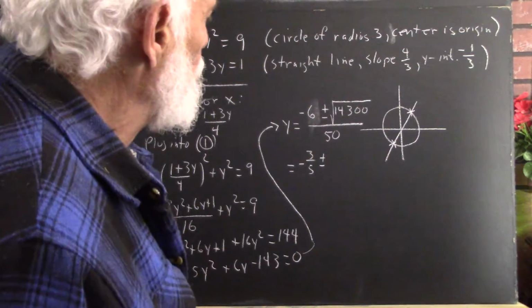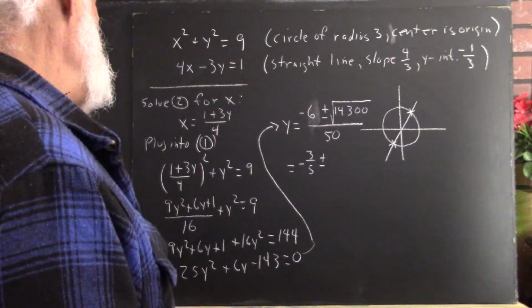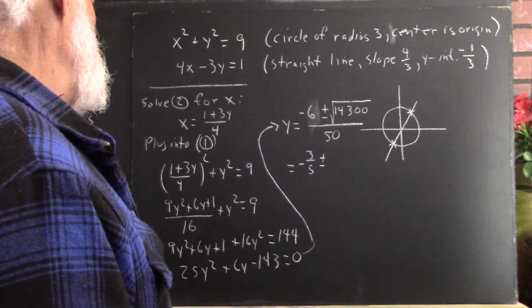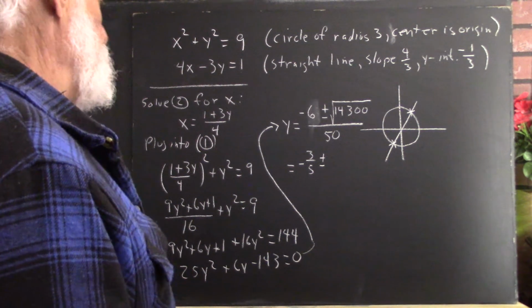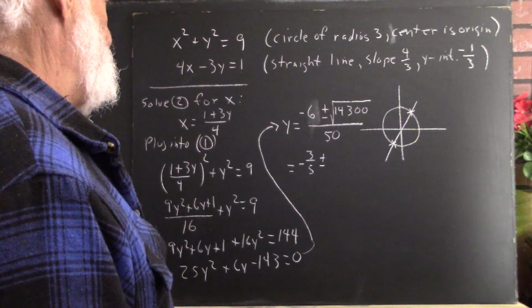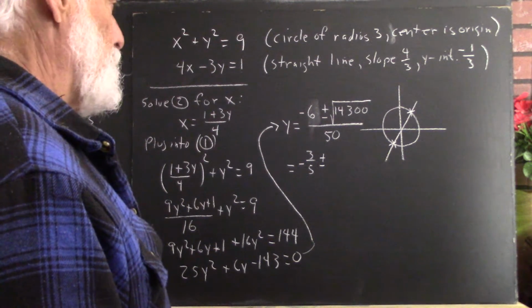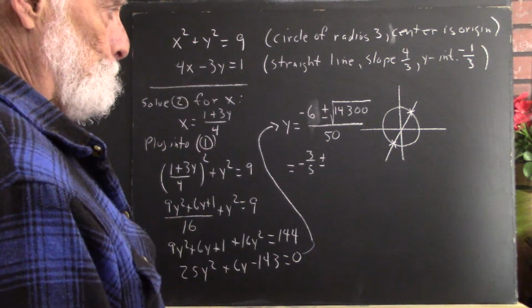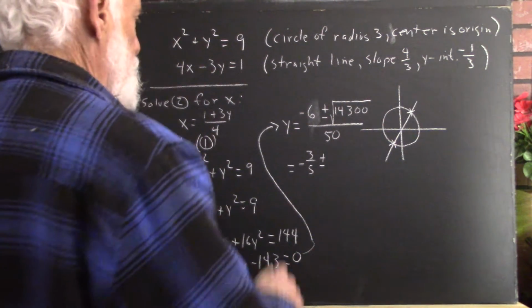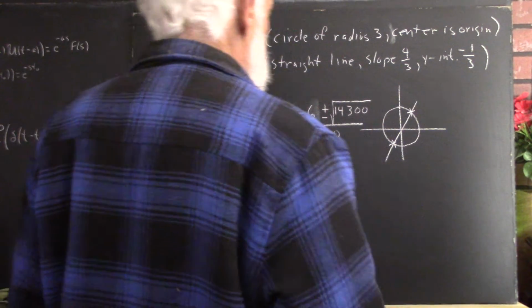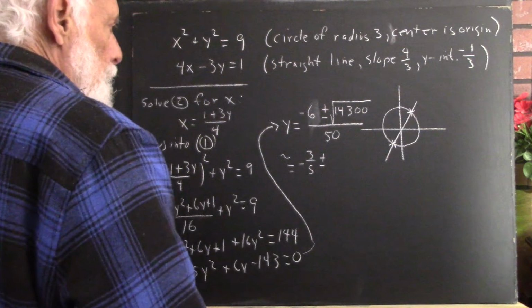Now the square root of 14,400 would be 120. That's a little less than 120. I'm going to say this is approximately equal to negative 3/5.